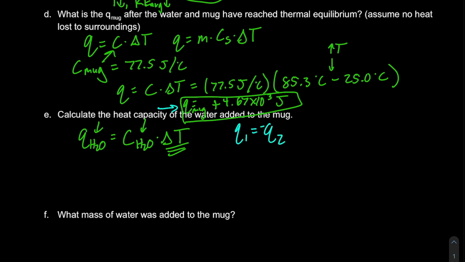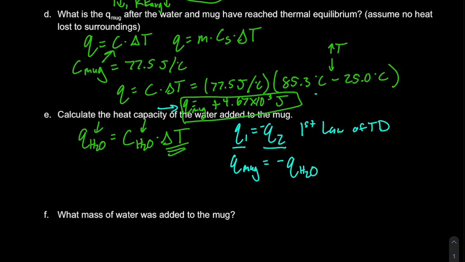And so we think, how do these two things relate to each other? And so this is applying the first law of thermodynamics. Whatever amount of heat gained or lost by one object is equal and opposite to the heat lost or gained by the other object. So we can make this a little bit more specific here and say the Q of our mug is equal to the opposite of the Q of our water.